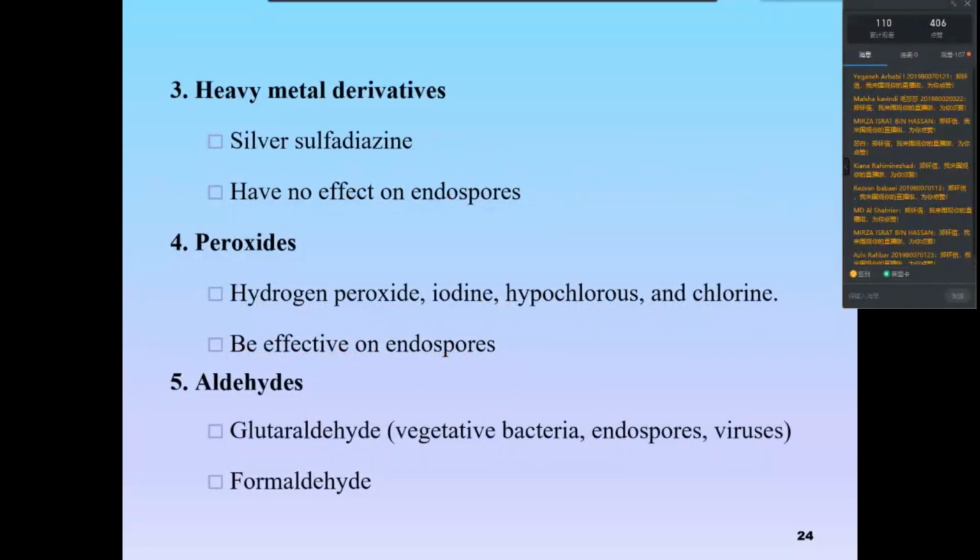A third one is heavy metal derivatives. During human history, our ancestors have been using heavy metal to keep either wine or food fresh for a long time. The most popular one is silver. Silver is not that expensive, and it's very soft.